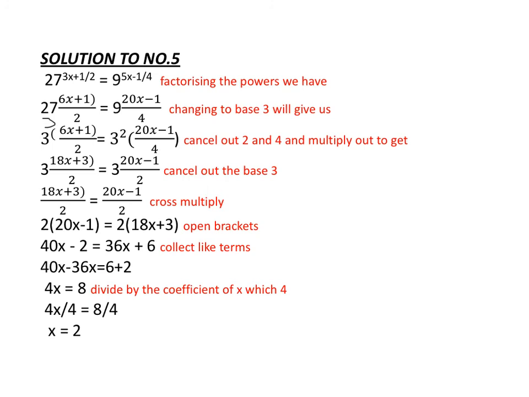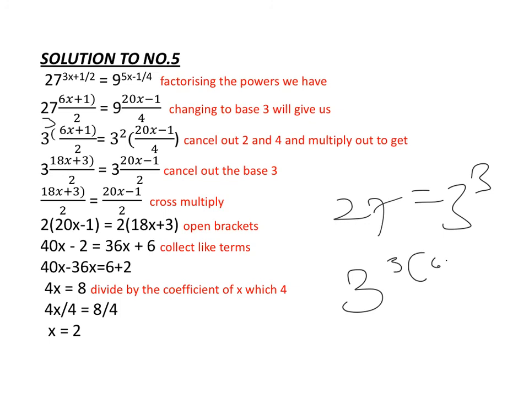Changing 27 to base 3, you have 27 is equal to 3 raised to power 3. So it will now become 3 raised to power 3 bracket 6x plus 1 all over 2 equal to 3 raised to power 2 bracket 20x minus 1 over 4.